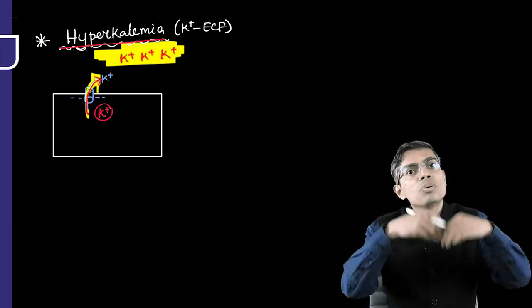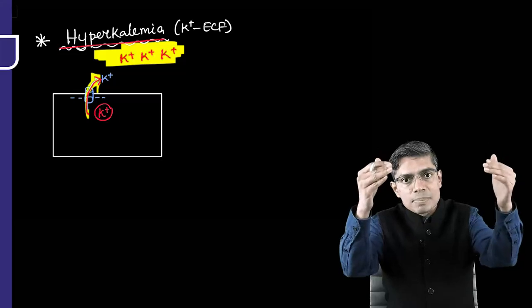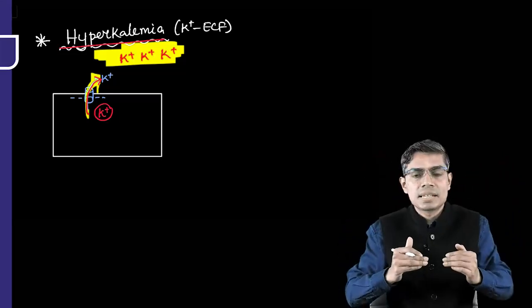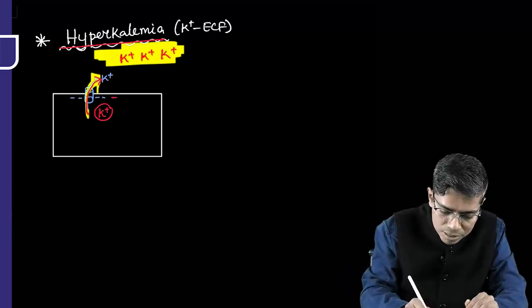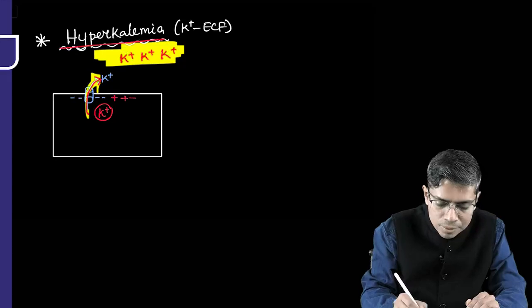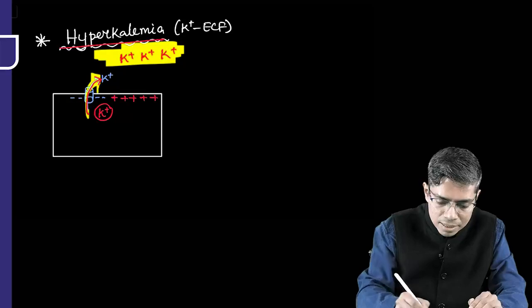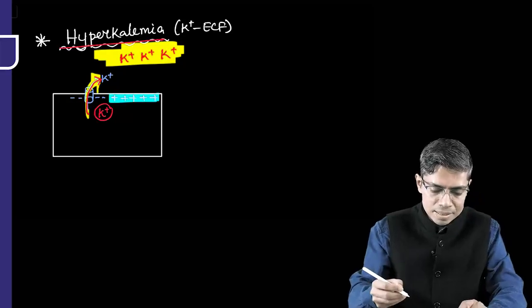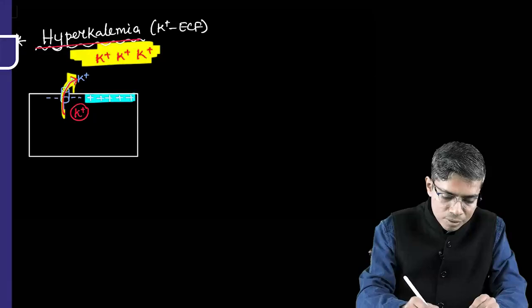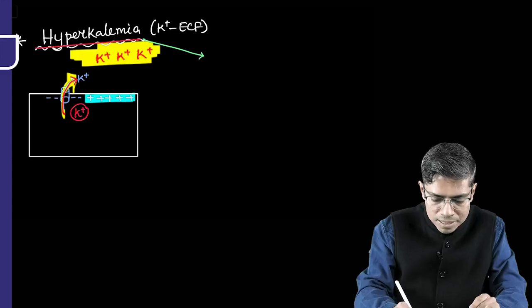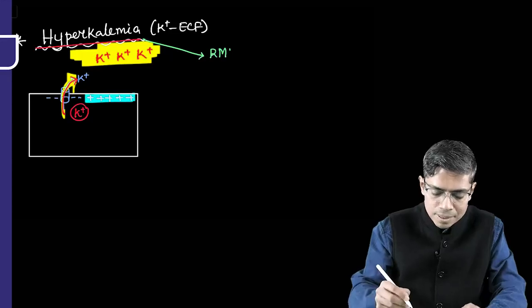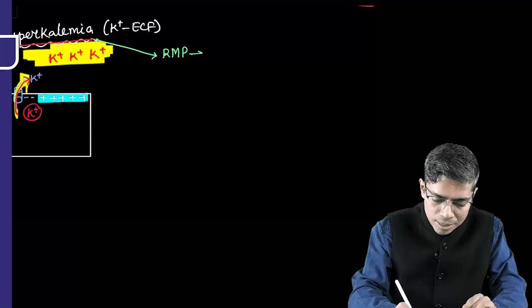Ideally this potassium should go out, but because of the extracellular hyperkalemia, it is remaining inside the cell. Extra potassium means extra positive charge. That means the cell membrane will be more and more positive. So hyperkalemia means what will happen to resting membrane potential? RMP will be depolarized.